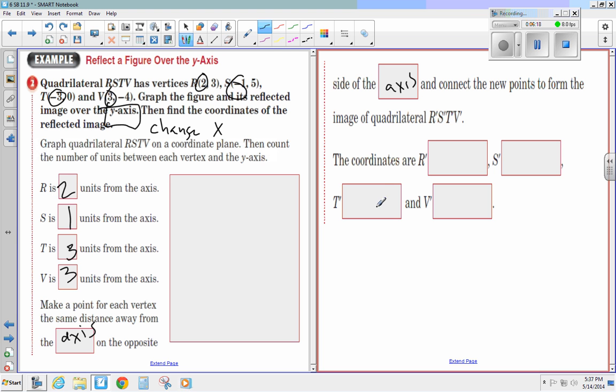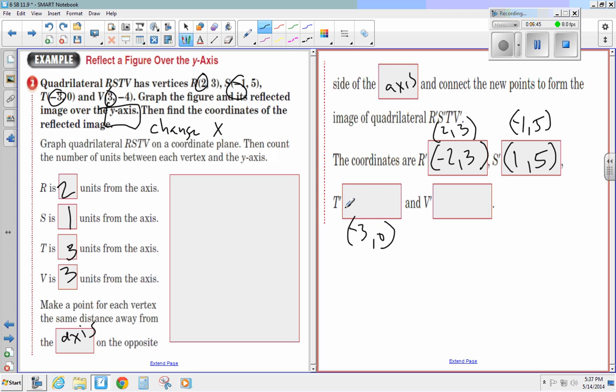Then you connect them. So, remember, R was 2, 3. A flip over the y-axis changes the x. So negative 2, 3. S was negative 1, 5. Changing it, the reflection would be 1, 5. T was negative 3, 0.